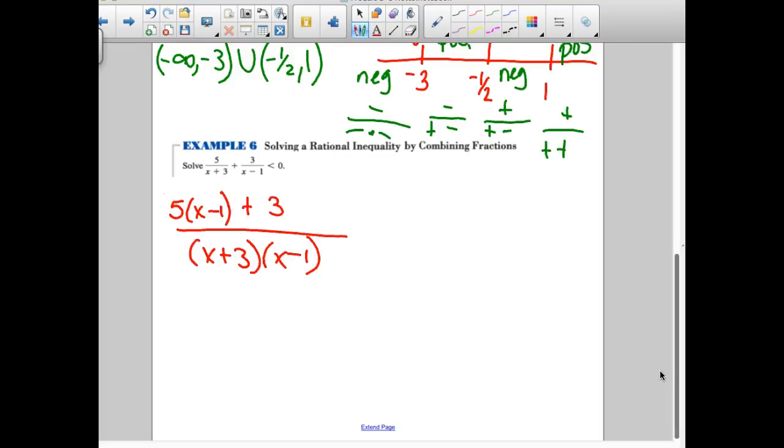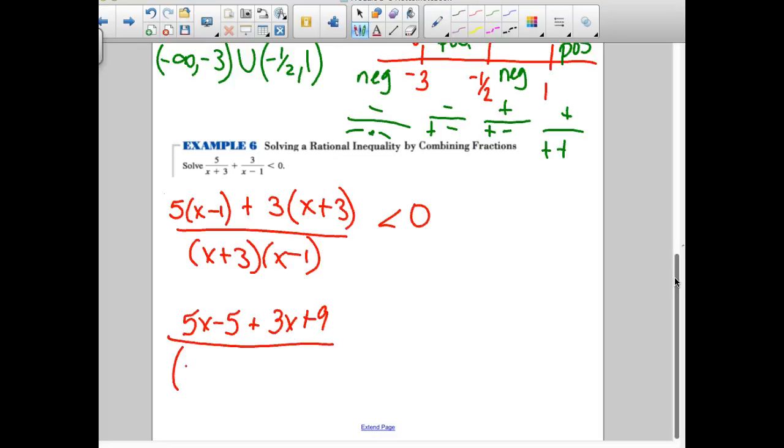The second fraction is missing the other one, the x plus 3. Okay. We're just going to clean up that top piece so that we can get it to be more of an expression like we just did in the previous one. Okay. So cleaning it up, we have 5x minus 5 plus 3x plus 9. Which gives us what?